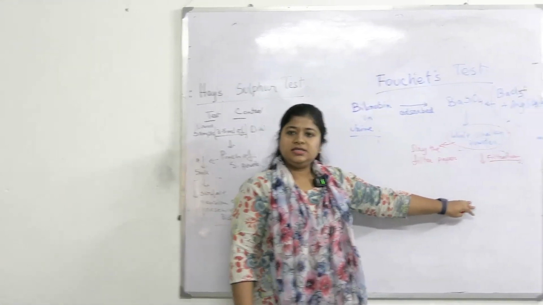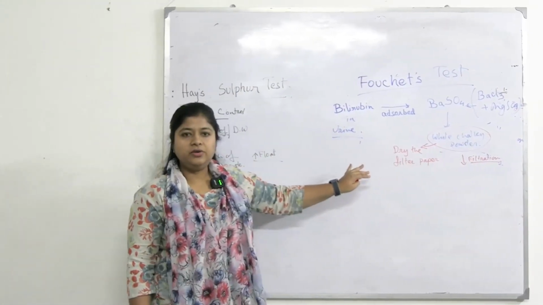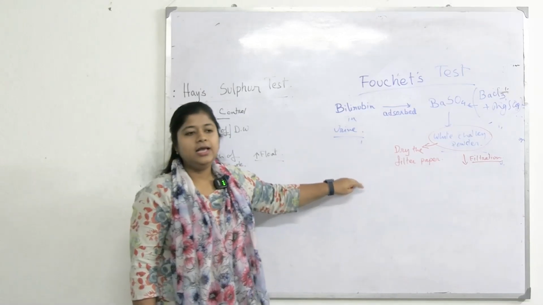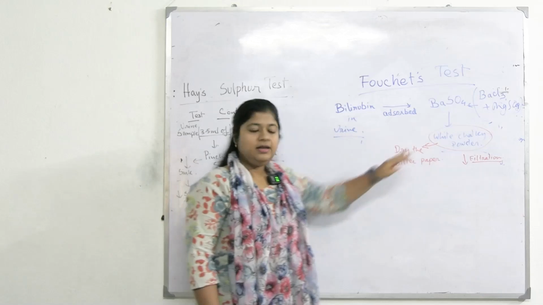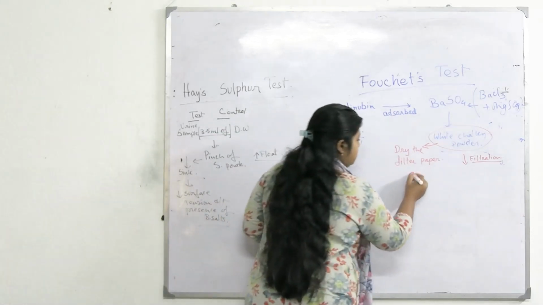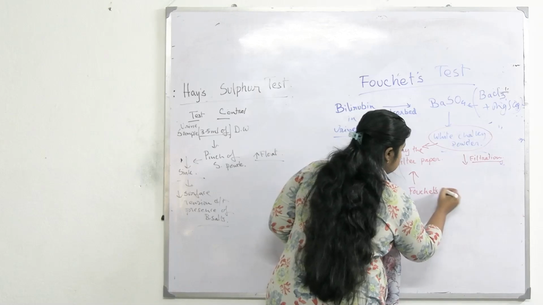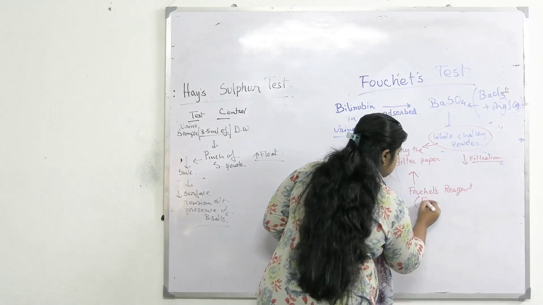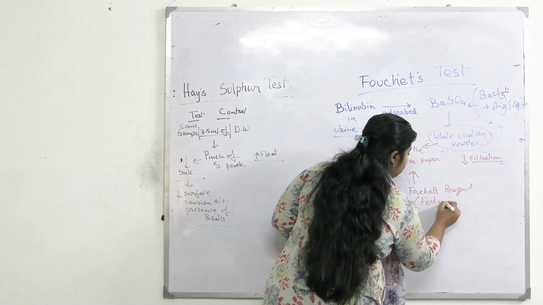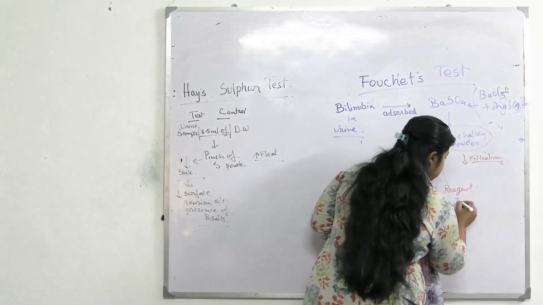The filtrate is not needed. We need only the white chalky powder precipitate. Why? Because bilirubin is adsorbed in this part only. Now we add Fouchet's reagent. Fouchet's reagent contains ferric chloride and trichloroacetic acid.